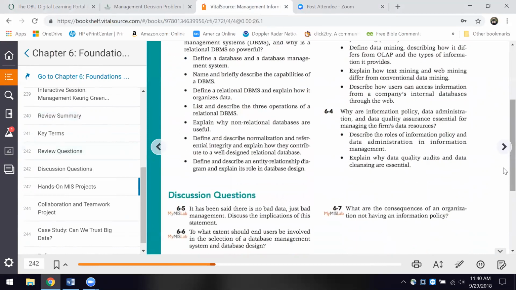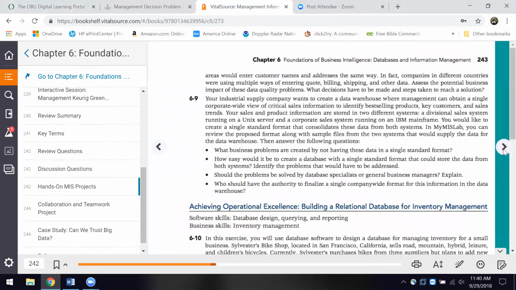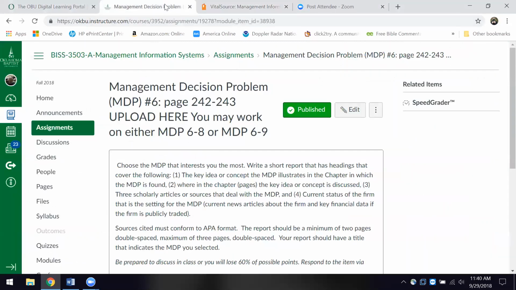Okay. As you come down, you'll see the hands-on management decision problem is at the very bottom of page 242. And there are the bullet points that I want you to answer and include references. And that's the management decision problem.